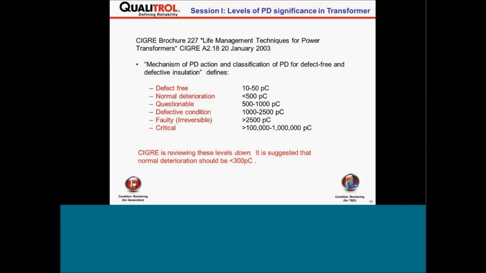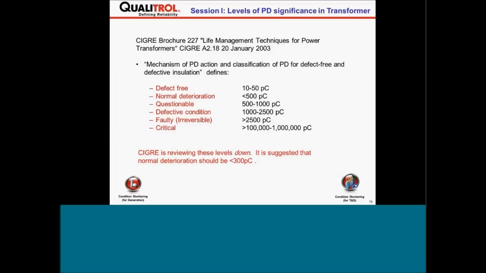It basically set out these 6 levels, starting from defect 3, which was 10 to 50 picocoulombs, normal deterioration of 500, and questionable, where an investigation would be implemented, would be anything above 500 picocoulombs, and really they're saying anything above 1,000 is really a defect condition, and over 2,500 is saying it cannot be reversed, and clearly anything above that, 100,000, you are in a critical situation in terms of a major discharge within the transformer.